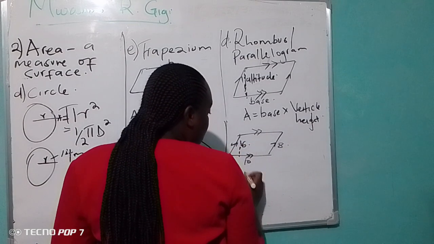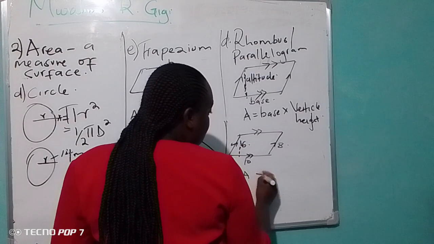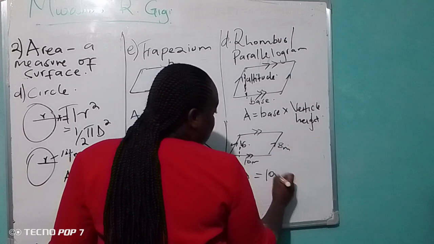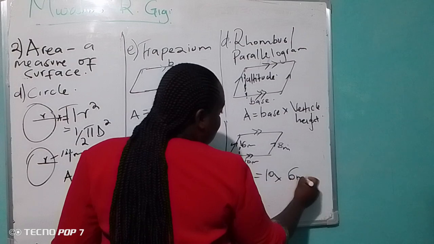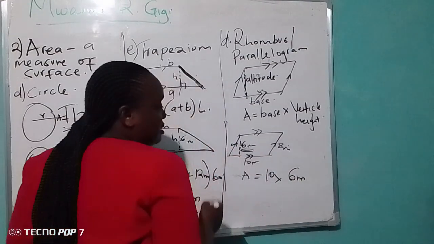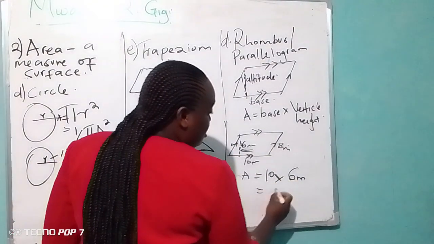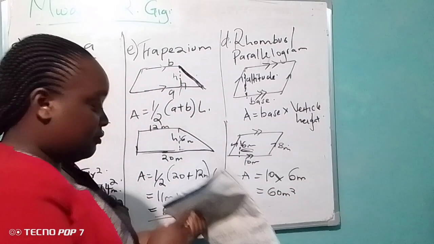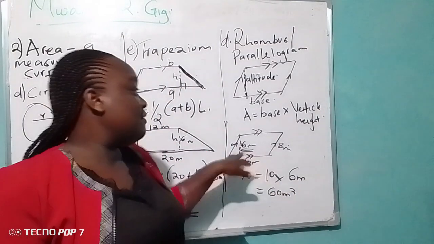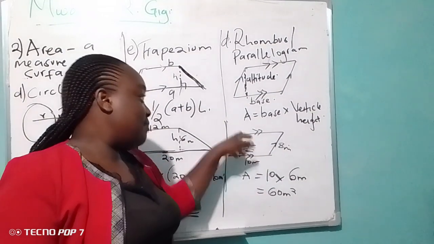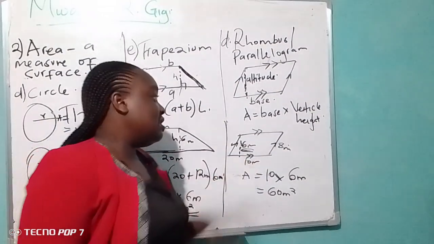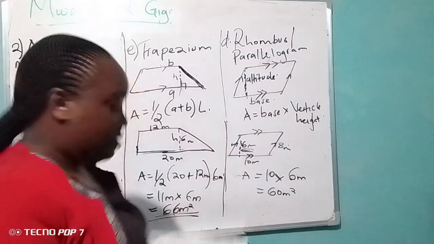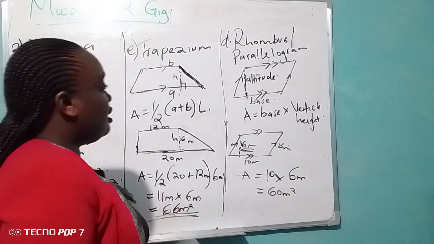So itakuwa area is equals to base 10 meters times 6 meters. The vertical height only, 60 meters squared. So you be careful. If you've been given this side, na hujapewa hapa, you have to calculate the vertical height. So it's just the base times the vertical height. So hakuna kitu ngumu hapo ya kuongelea sana.